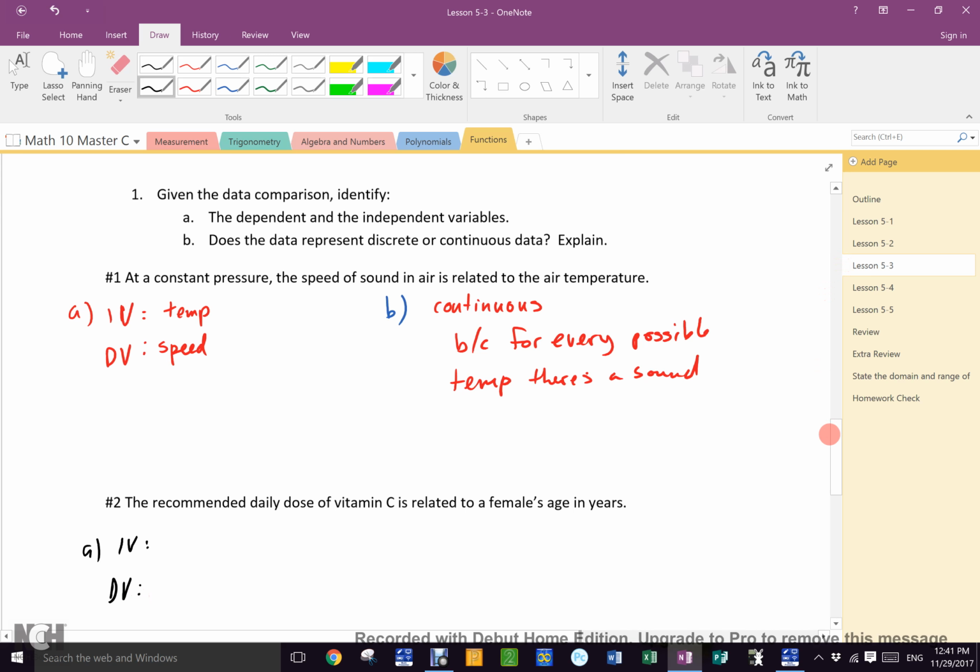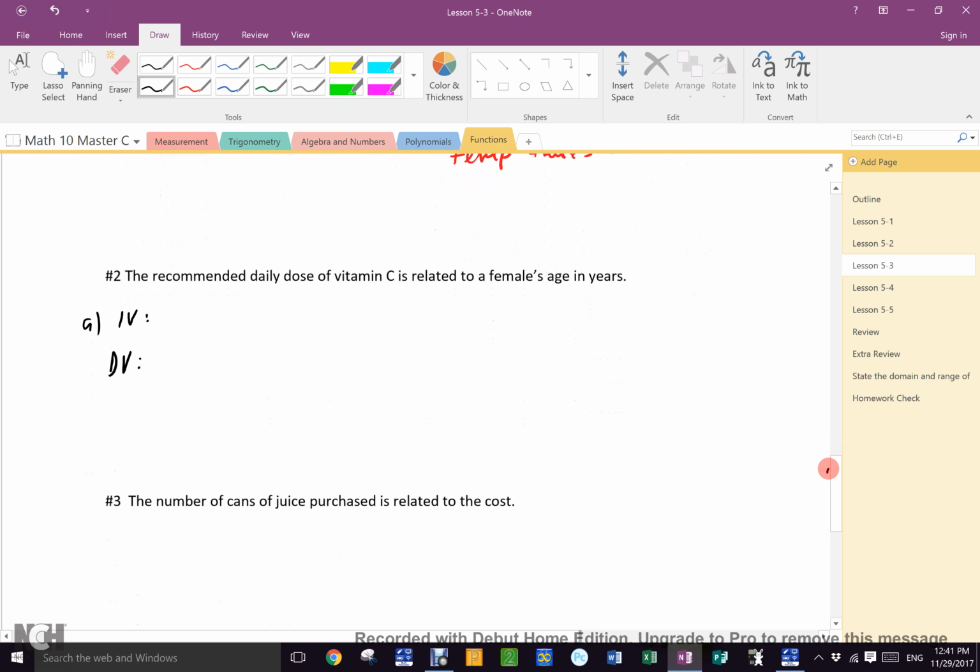Okay. What's my DV? What's my IV? Jack, be nimble. Your DV is the age, and the IV is the vitamin C. So Jack says my IV is my dose and my DV is my age, yes? We're happy with that?